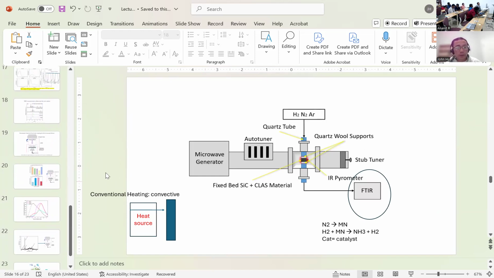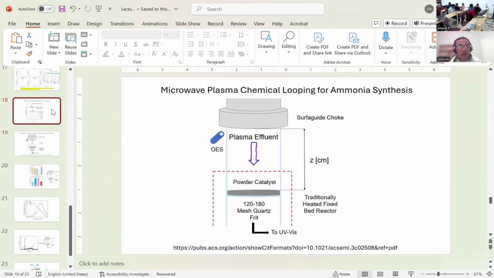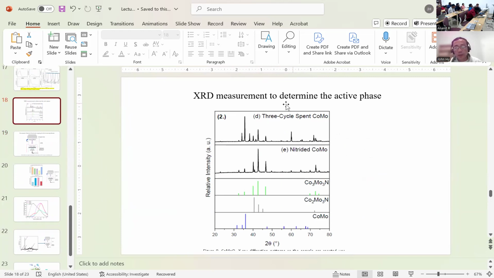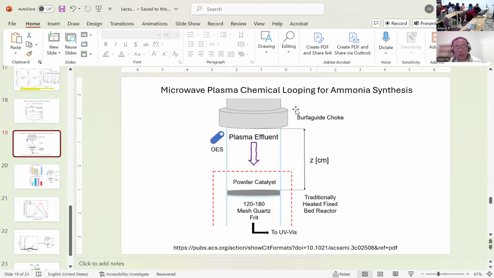After the 30 minute break, we haven't finished the XRD on microwave. Then we are going to go to another approach, plasma, then chemical looping.